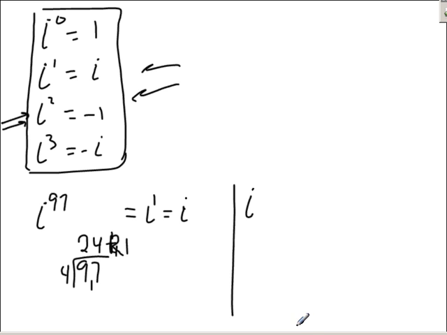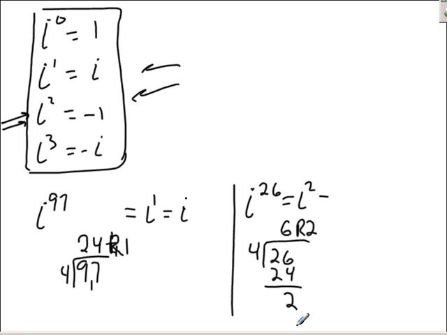If somebody asks you what i to the 26th is, you do 4 into 26, go 6 times, that's 24, 2 left over, the remainder is 2. This is equal to i squared, and i squared is negative 1. You must know those 4.